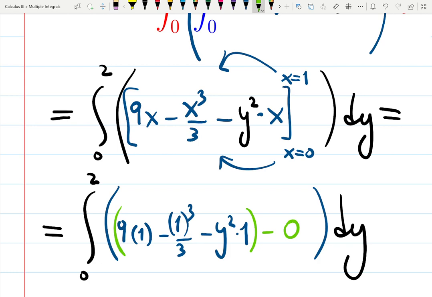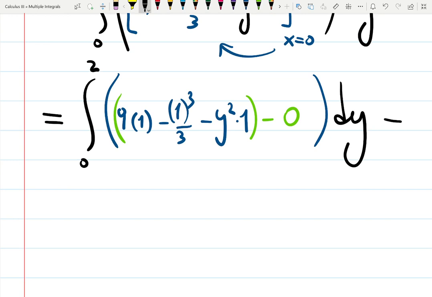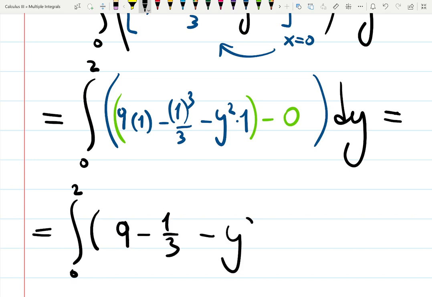Okay, so that fits the space now. With time you do it faster, so you don't have to make so many steps to calculate something so algebraic. You should be good with algebra, okay? 9 minus 1/3 minus y squared dy.